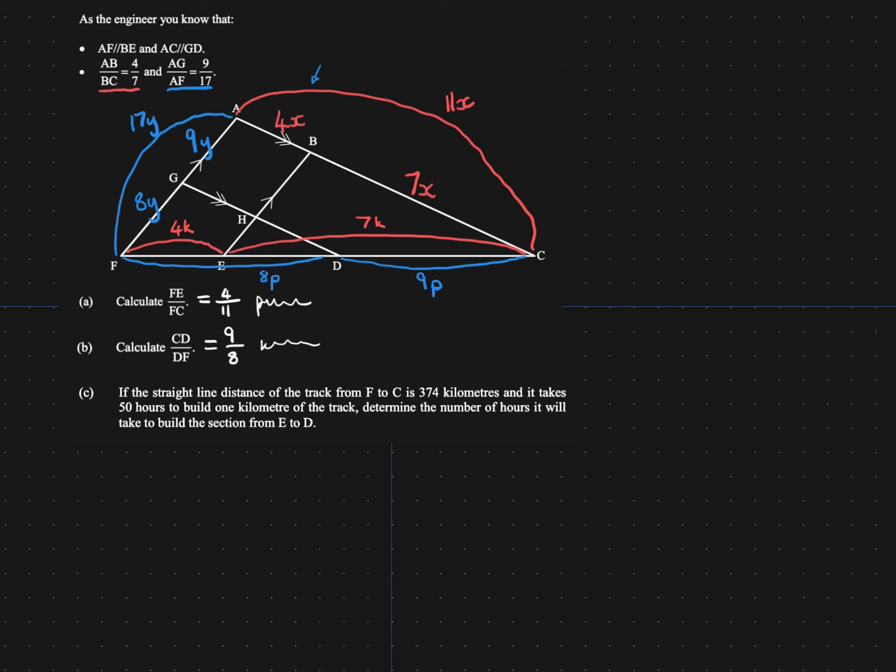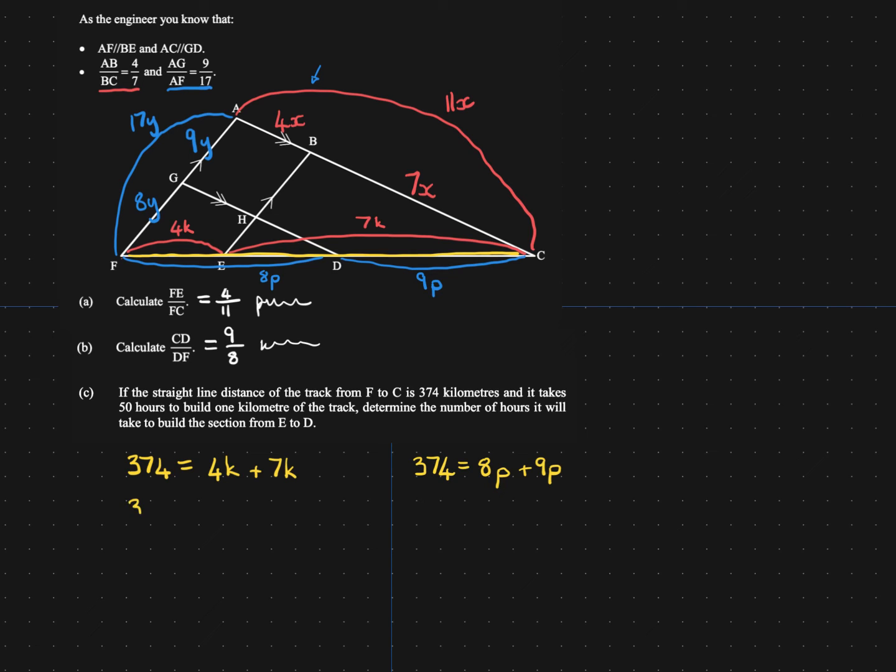The reason that's useful is because we're told that the distance is equal to 374 kilometers. So I know that 4k plus 7k is going to equal 374 kilometers. I also know that 374 kilometers is equal to 8p plus 9p.